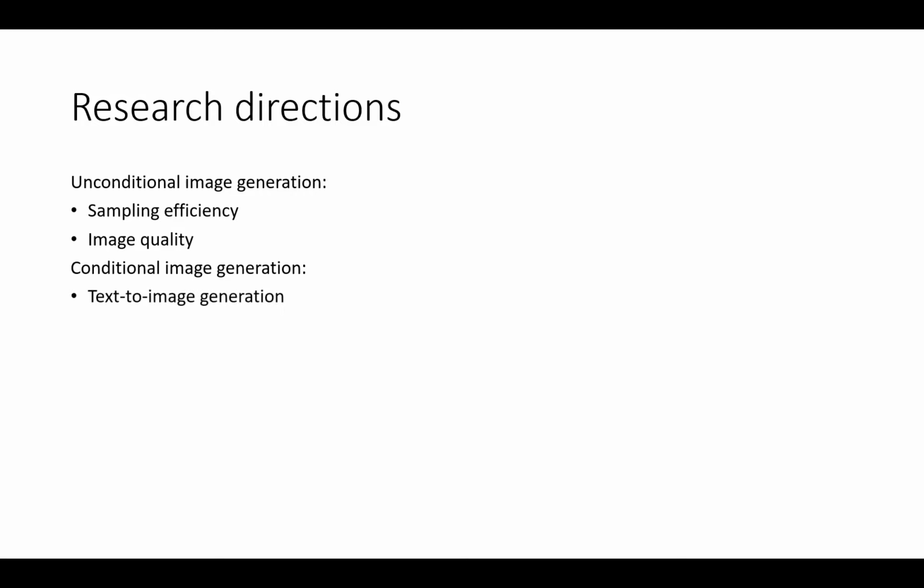So for conditional image generation, we have done text to image. Now is the time to use the diffusion model to actually solve computer vision problems. Image generation is okay, you can generate an image, but that's not computer vision. Computer vision deals with analyzing a real image.